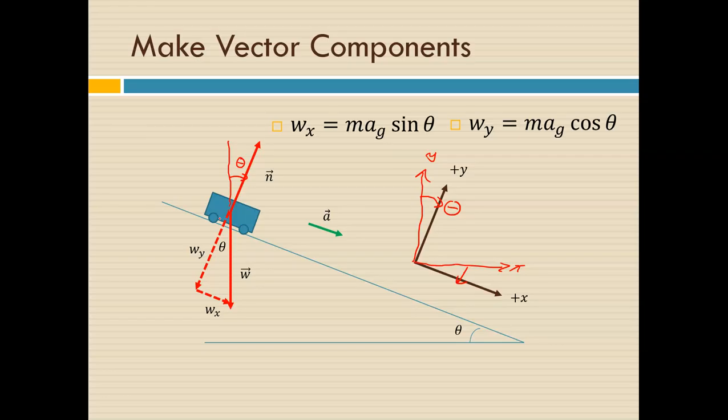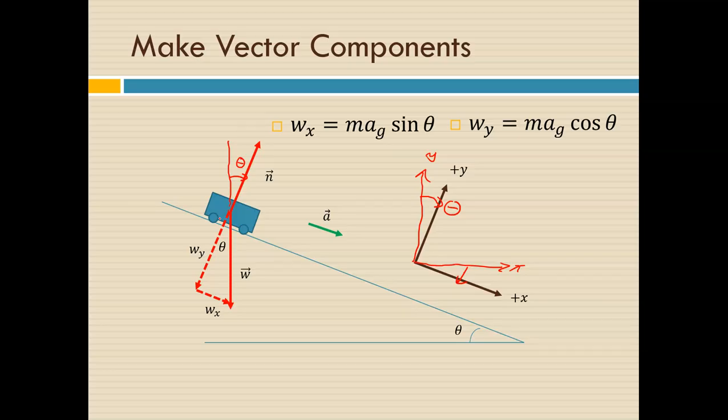It's m a sub g, mass times the acceleration due to gravity times the sine of the angle, and mass times the acceleration due to gravity times the cosine of the angle. You see what I'm talking about? We're looking at accelerations here. Now, the value of that acceleration is 9.8 meters per second squared. But every time you guys say that weight is equal to mass times gravity, I'm going to figuratively beat you up.